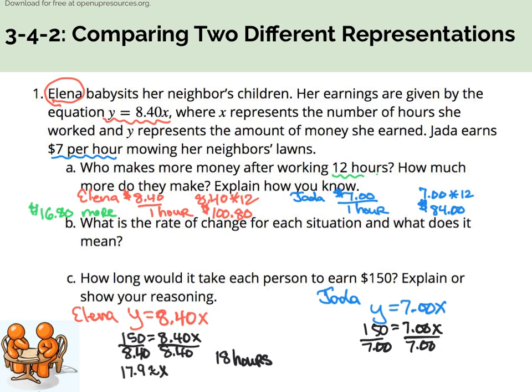So 150 divided by 7, and that's about 21.4. Okay. And if you look at it, can Jada just do 21 hours to be able to make the 150? No. So we actually have to round hers up also. So hers is going to be 22 hours.